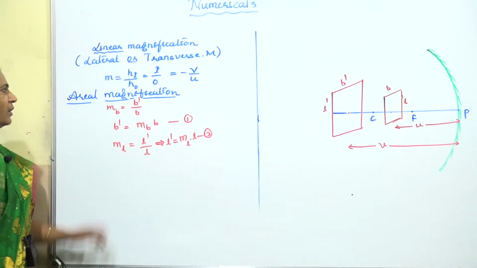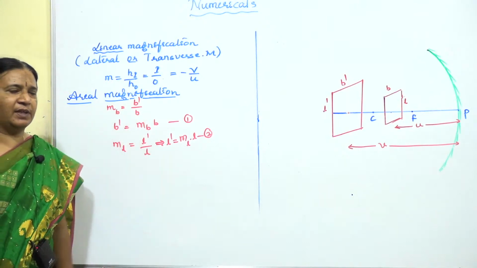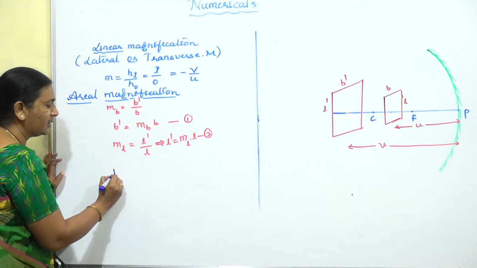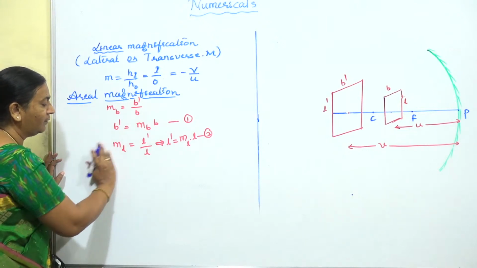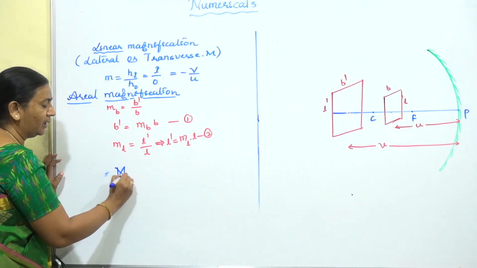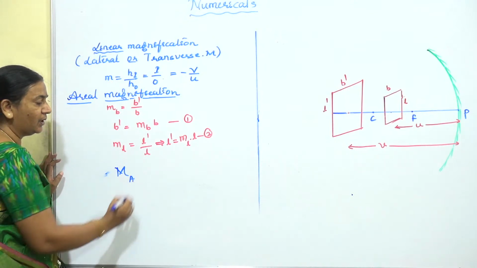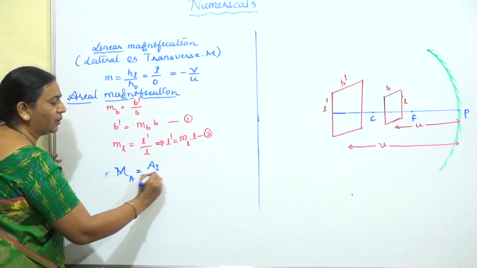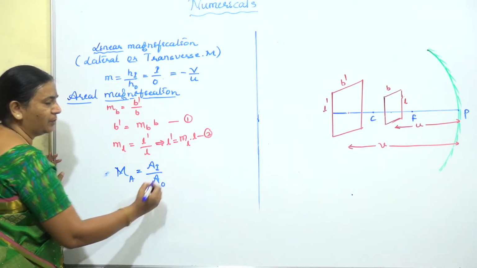What is aerial magnification? We write it as capital M. Here I will compare the area of the image with the area of the object. Simple.